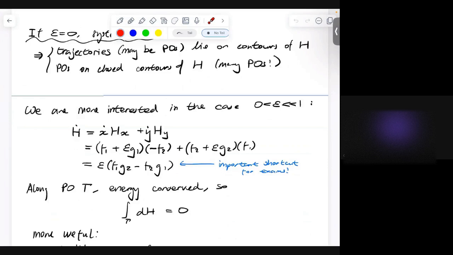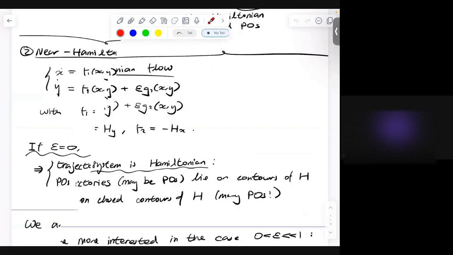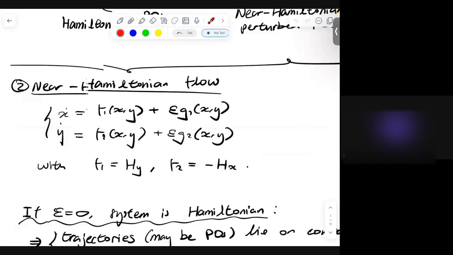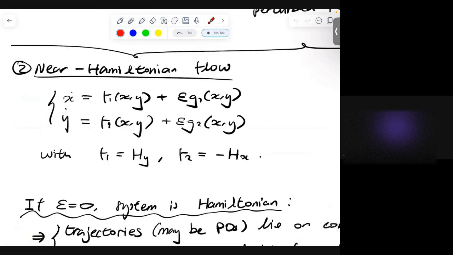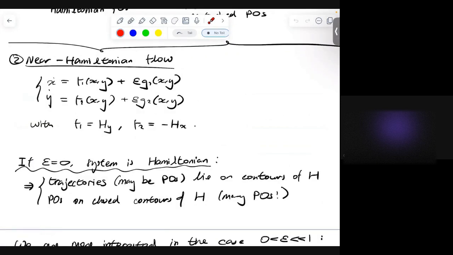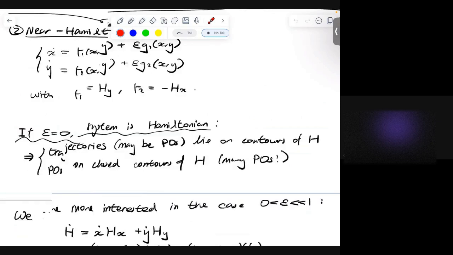But we're more interested in what happens when the system is near Hamiltonian. In other words, instead of having an actual Hamiltonian system, we have a small perturbation away from it with this epsilon term, with epsilon small but positive.